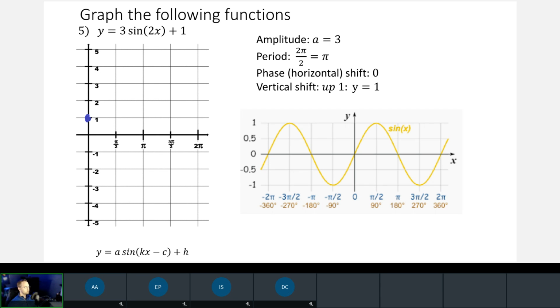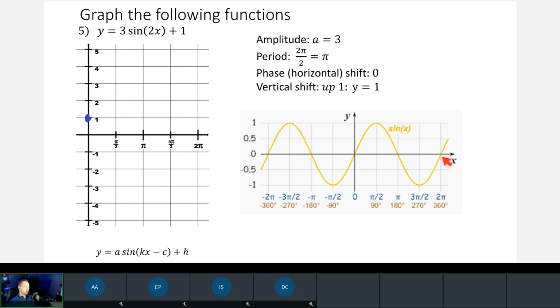I'm also going to graph my last point in this cycle. Let me point to, on the parent function, the point I'm talking about. So I graph this point, and then we do the cycle, and then the cycle starts over starting here. So I'm going to graph this point next.